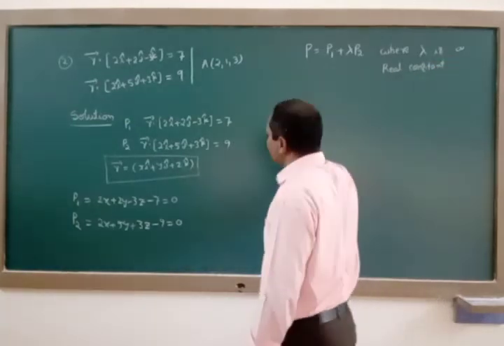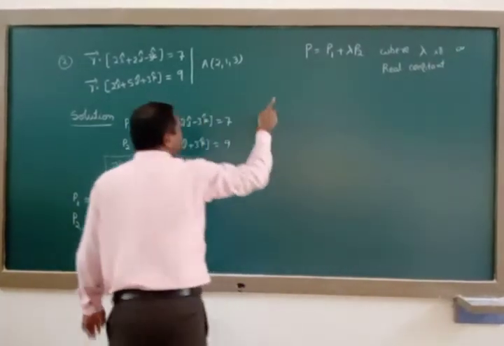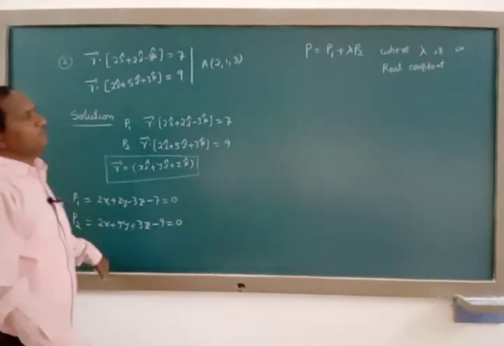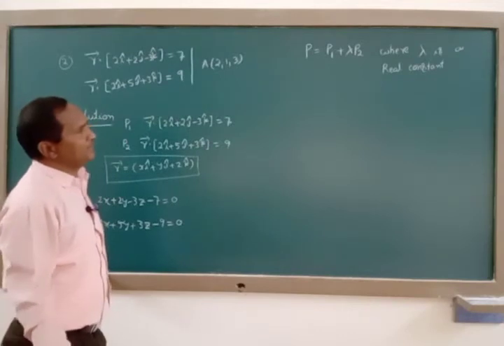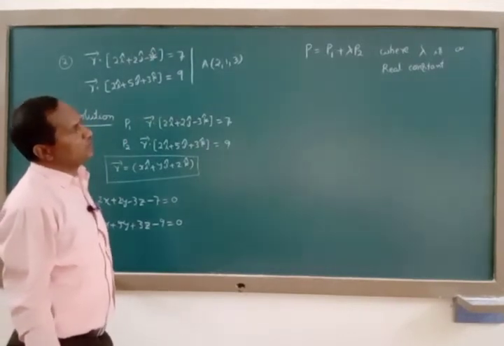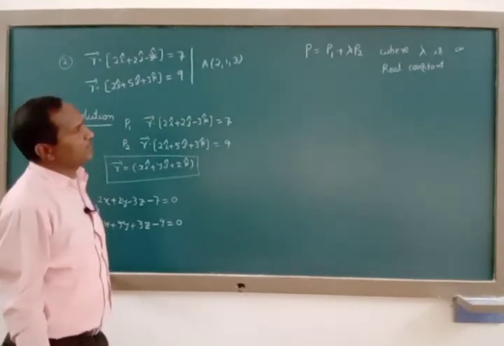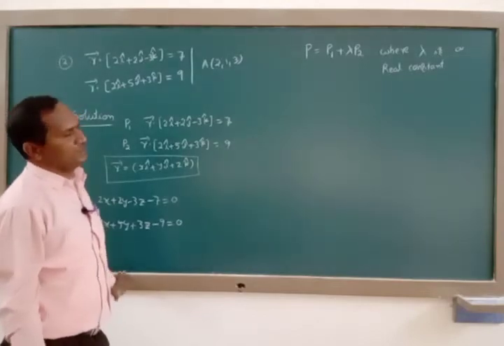P1 plus lambda into P2 always represents the equation of a plane passing through the point of intersection of two planes P1 is equal to 0 and P2 is equal to 0.